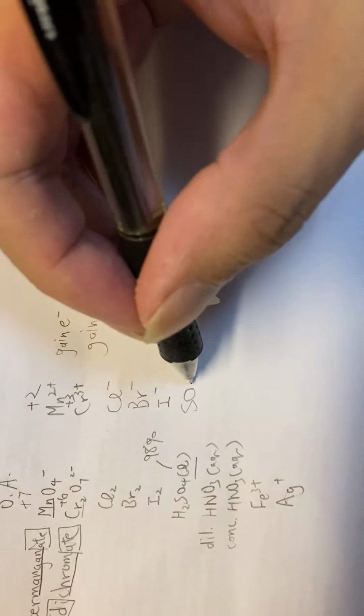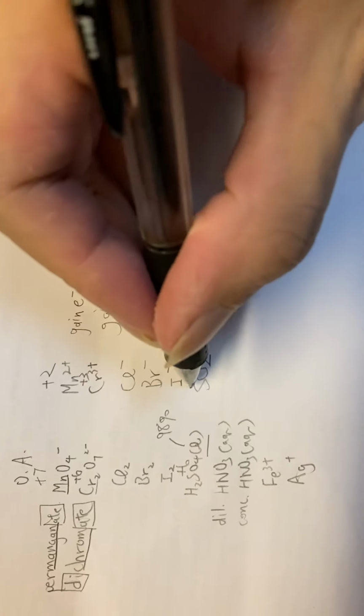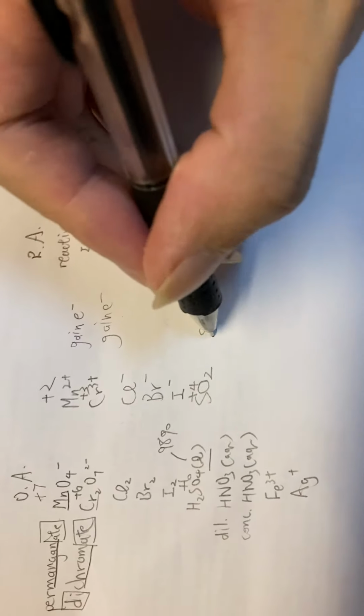Its corresponding product after reaction is SO2. Originally in H2SO4 sulfur has an oxidation state of +6, and after it's +4. And again it gains electrons and forces its reaction partner to lose electrons.